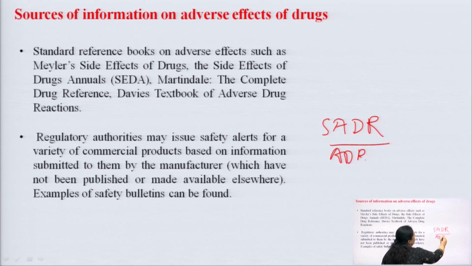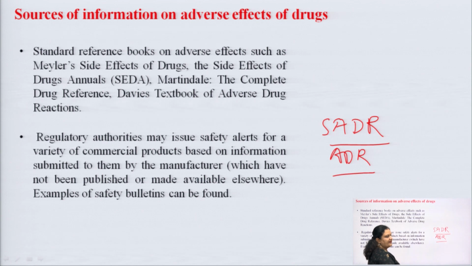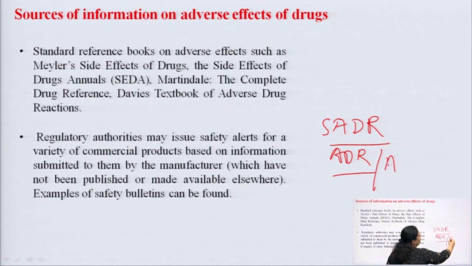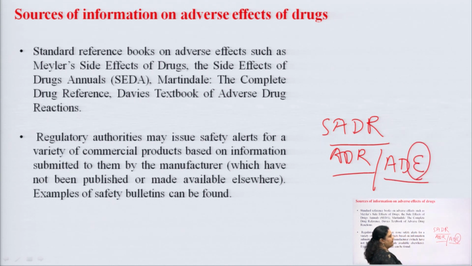One more is known as the suspected adverse drug reaction form, which is different from the adverse drug reaction form. Once again, in brief, the difference between adverse drug reaction and adverse drug effect, or event. Every individual drug belonging to any class is not only associated with the therapeutic or pharmacological aspect.